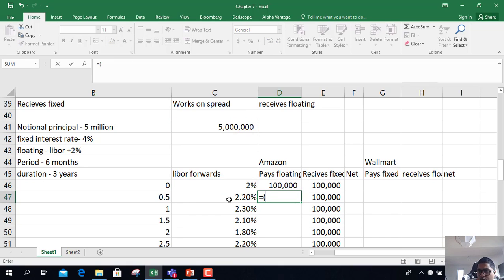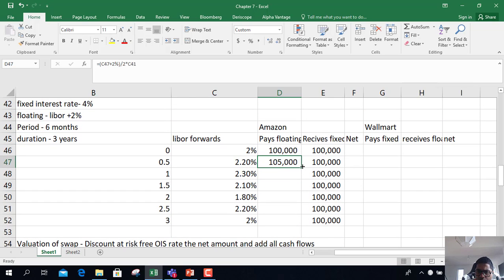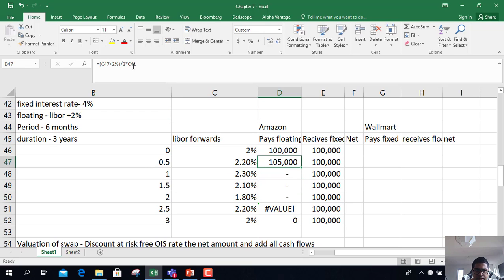Second, 2.2 years plus spread 2% divide by 2 multiplied by notional principal 5 million. This has to be constant so that I can drag it. So same way you have to calculate for all these timelines.